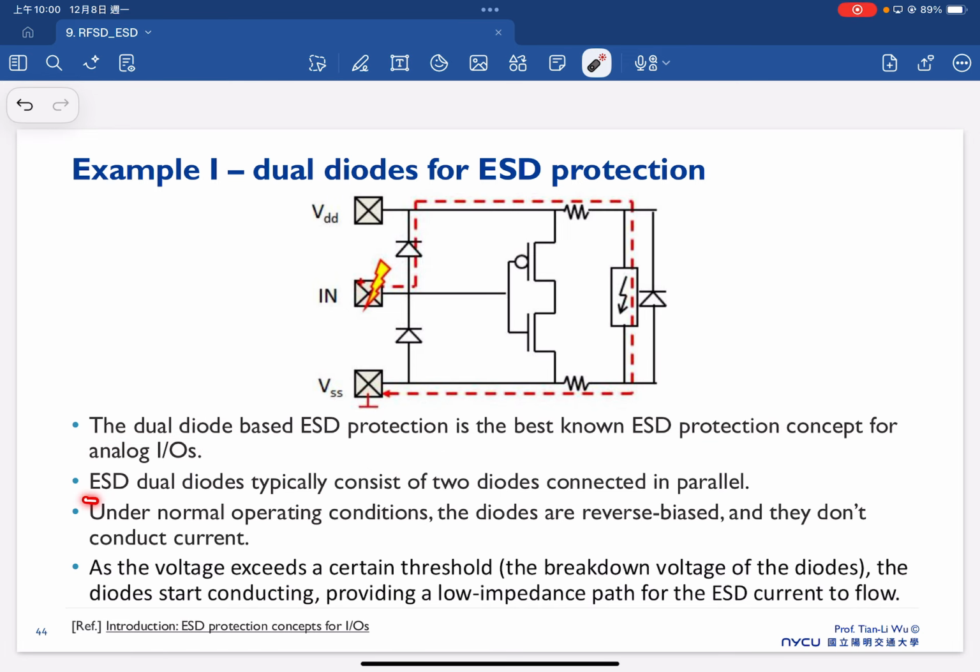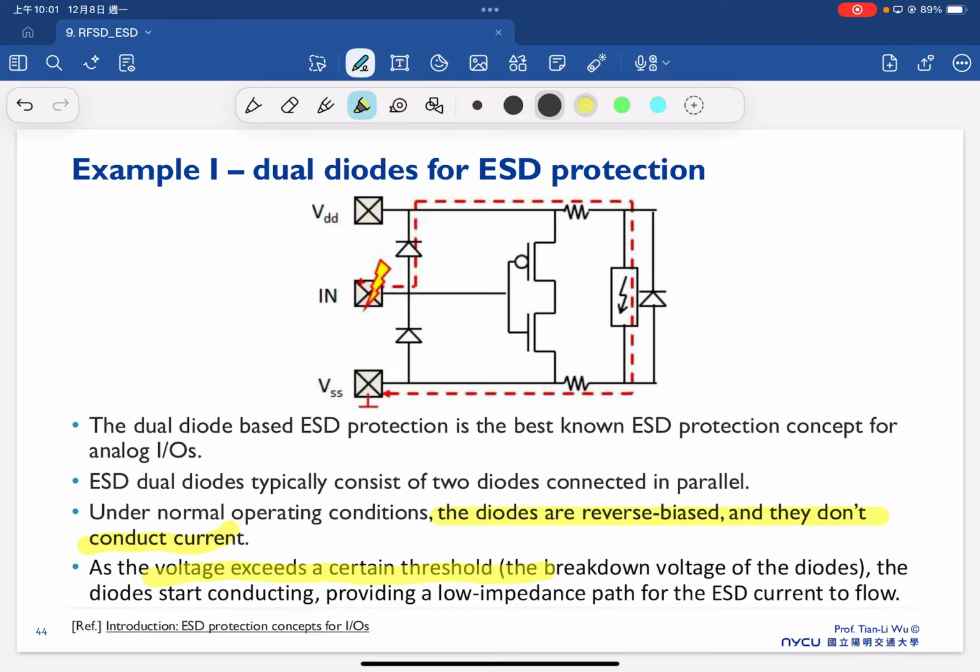Under normal operation, the diodes are reverse biased, so they don't conduct current. But as the voltage exceeds a certain threshold, for example the breakdown voltage of the diode, the diode starts conducting, providing a low impedance path for the ESD current to flow.